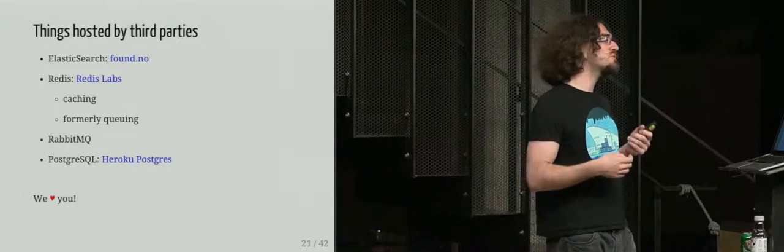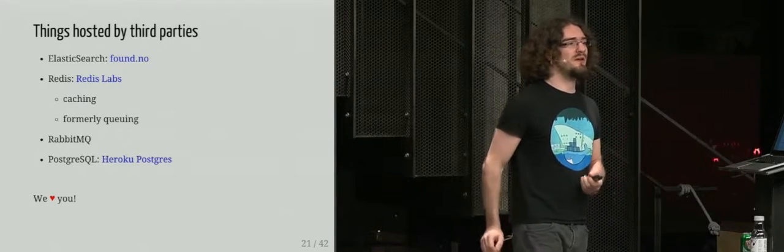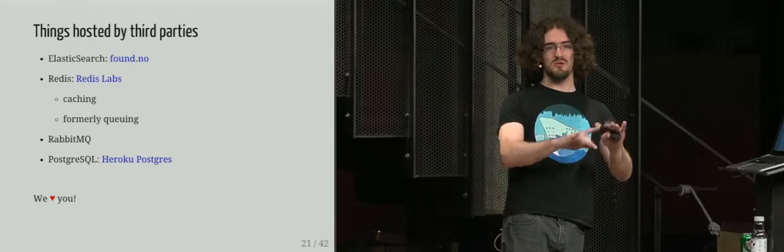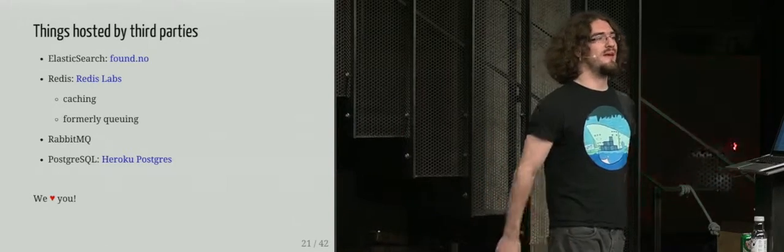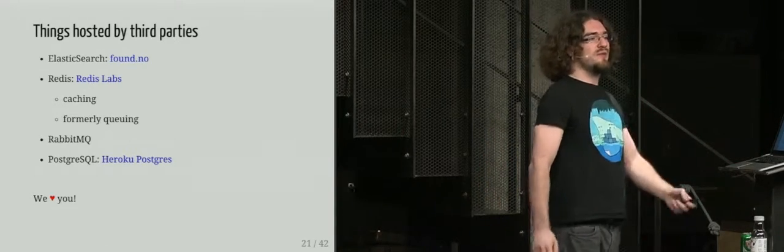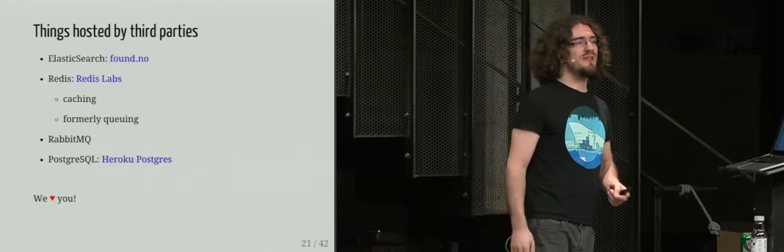Now what we don't run: there is a bunch of stuff that is hosted by third parties. Elasticsearch, for when you search for images on the Docker Hub, is at Found. Redis is on Redis Labs, mainly for caching.